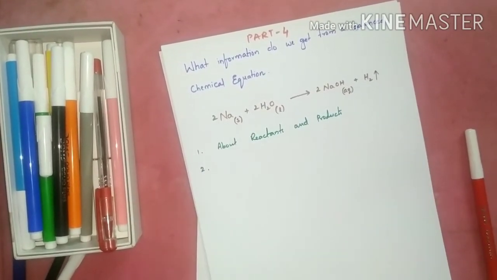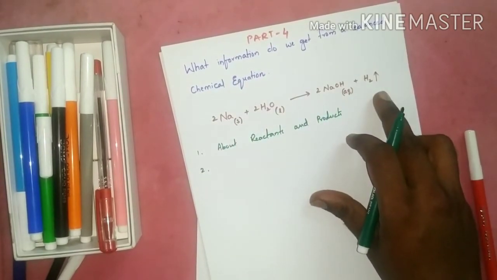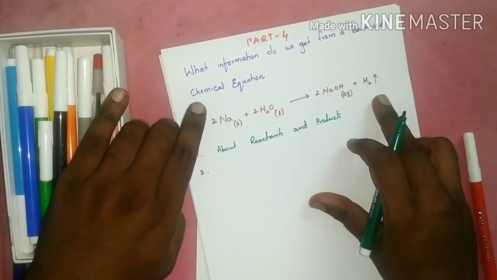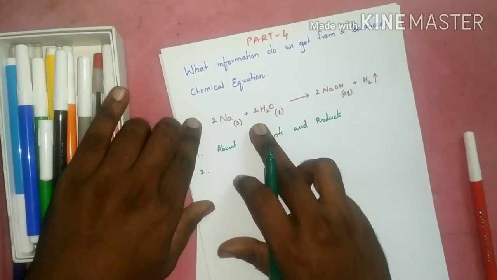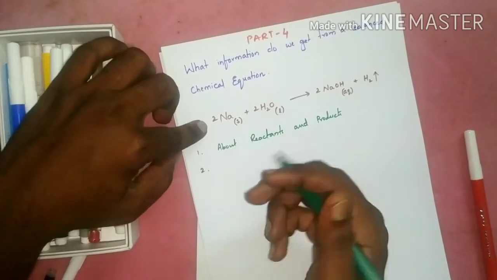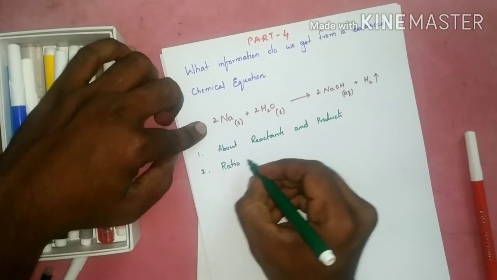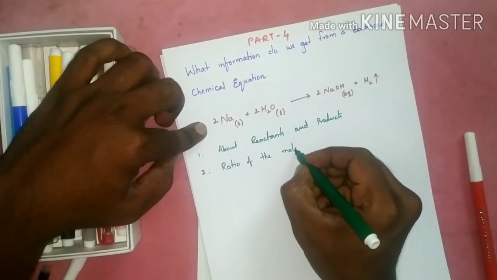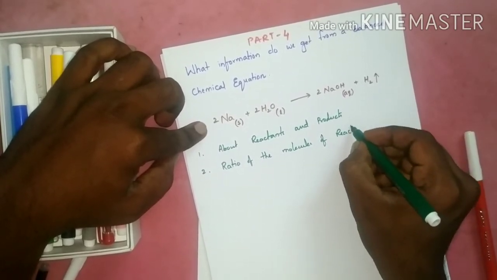Second one. Is it saying only about the reactants and products? Still, it is saying how many molecules or how many atoms of the particular compounds or elements are present. So it can give the ratio of the molecules of reactants and products.